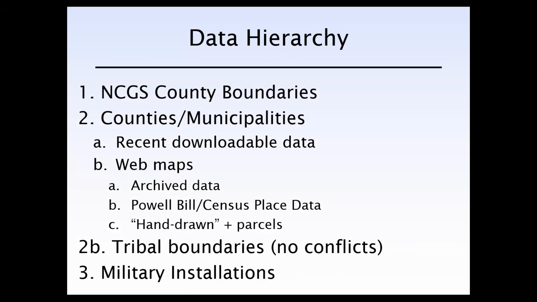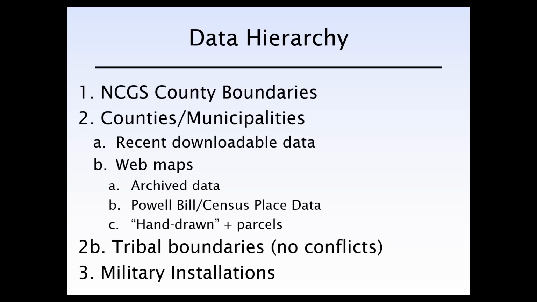I wanted to explain briefly how I decided to include or exclude data. I created a sort of hierarchy that is listed here. I started by using the county boundary shapefile from the North Carolina Geodetic Survey. These county boundaries really formed the foundation of the data set. They were considered the highest authority in many situations.